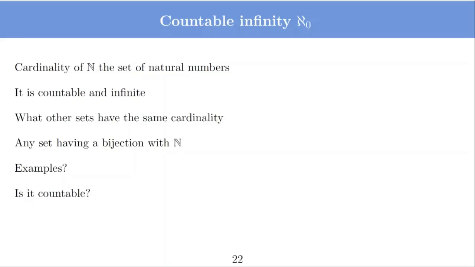So what other sets have countability? You can say any set where you can find a bijection map with the natural number set is countable, right? Why bijection? It means you are able to map every element of that set to one element of the natural numbers. Suppose there is a set with elements A, B, C, D like this, and then you map one element to 1, another to 2, 3 and 4, and this is a bijection with the natural numbers.